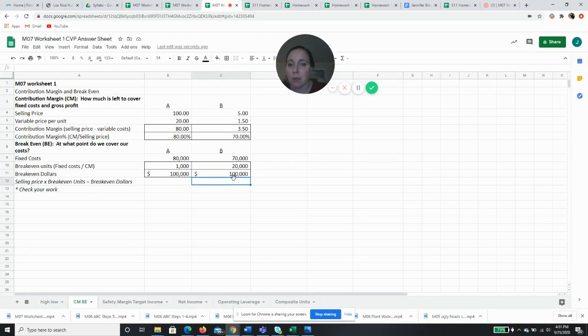And you can see the number of units are different because our sales price is different. Okay, so what if I want to check my work and make sure I did this right? The other way I can get break-even sales is I can multiply my break-even units by my sales price.